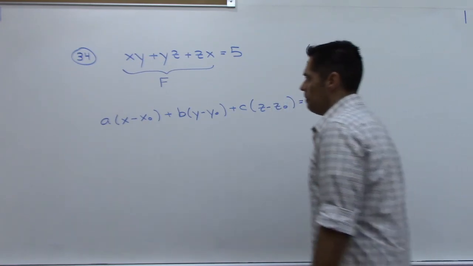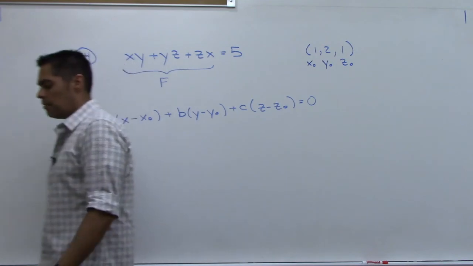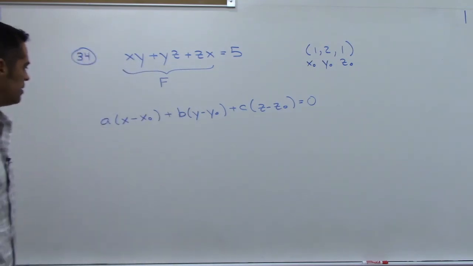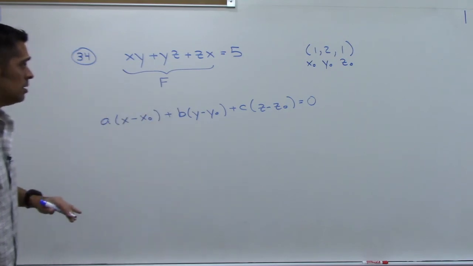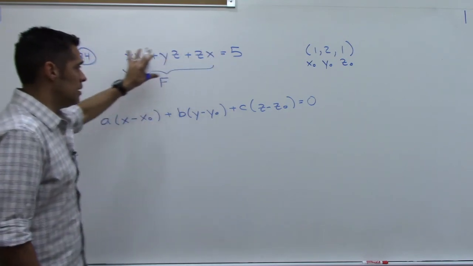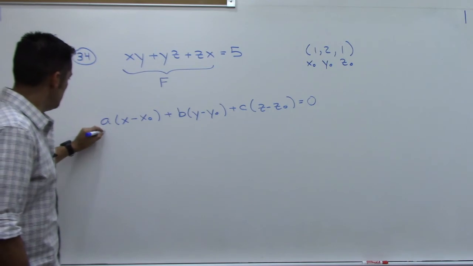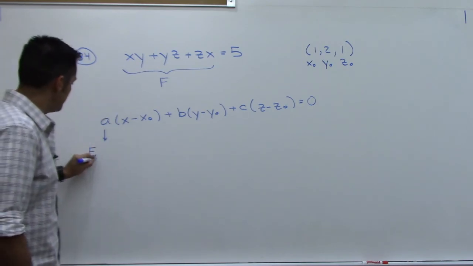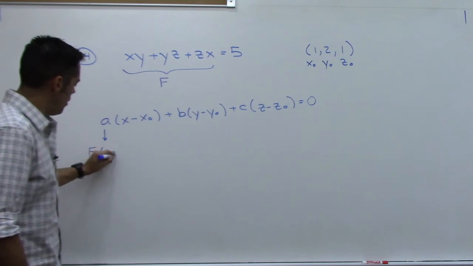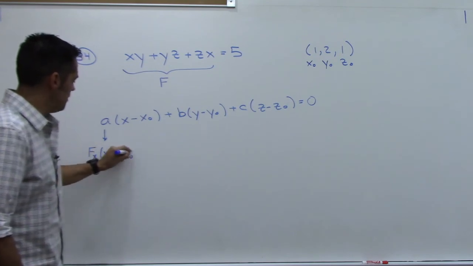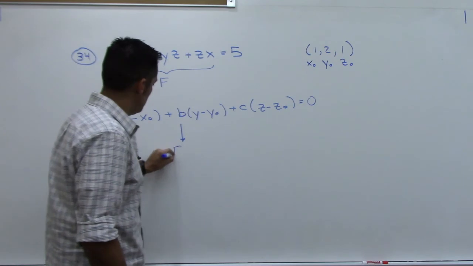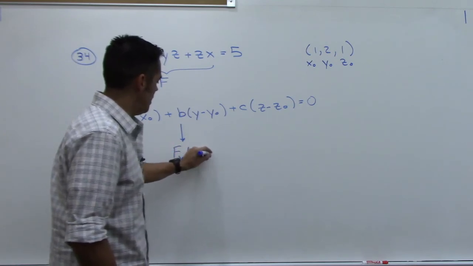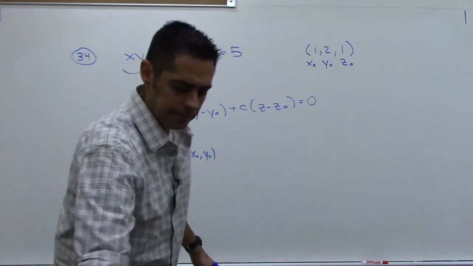The big result of this section for tangent planes is that a, b, and c can be found by using partials. So a is the partial of capital F with respect to x at the point (x naught, y naught, z naught). b is the partial of capital F with respect to y at the point (x naught, y naught, z naught).